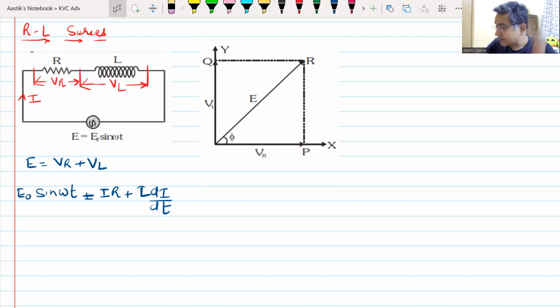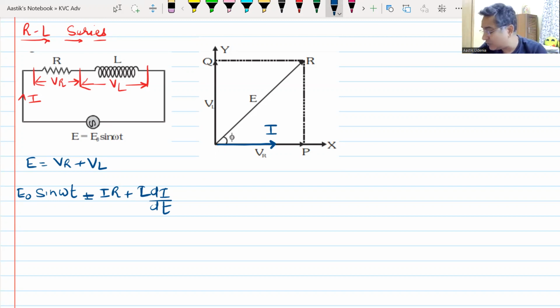I. The current that is flowing through the inductor or the resistor is same. So I draw I, the current, along the x-axis.